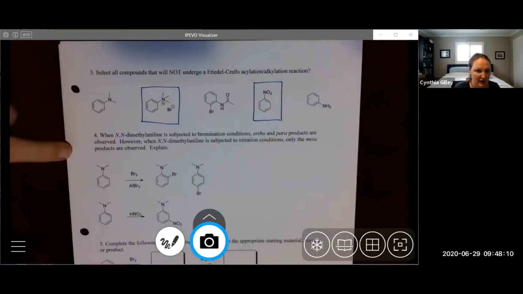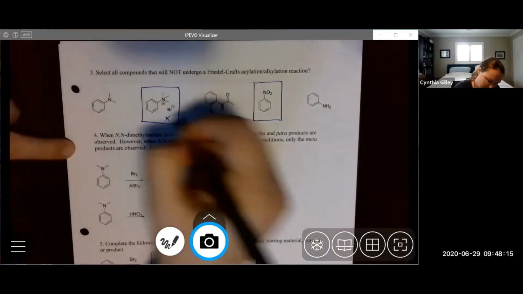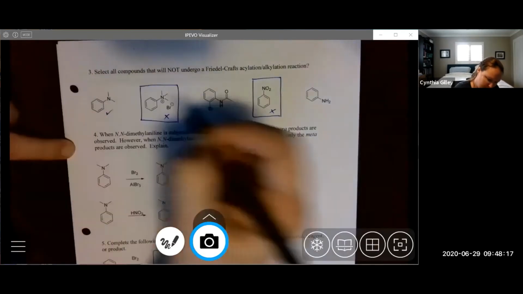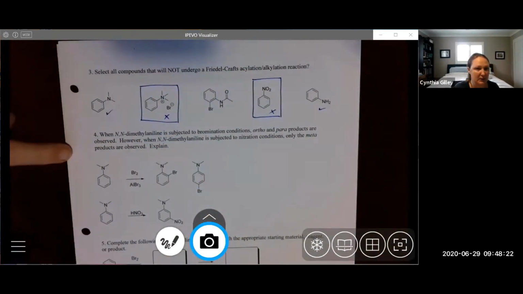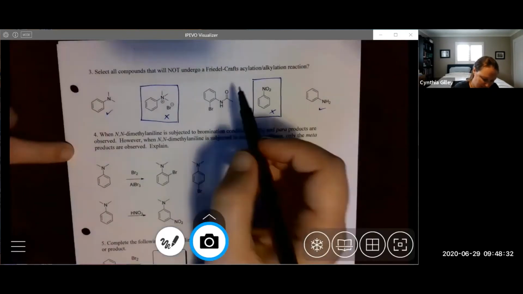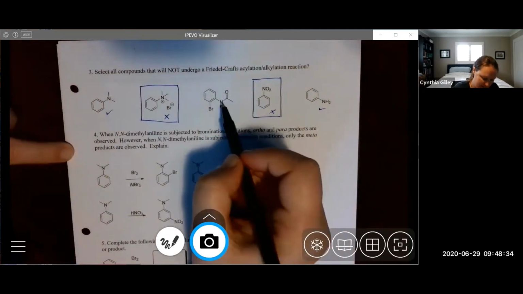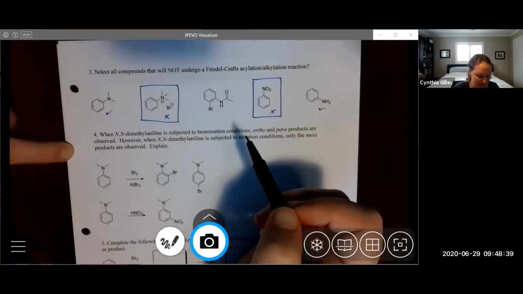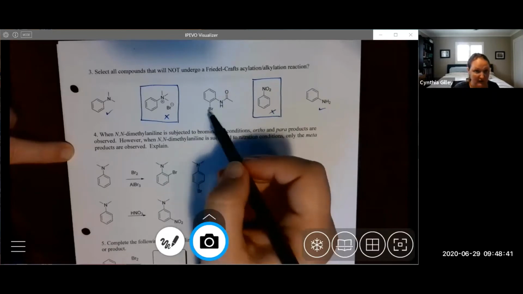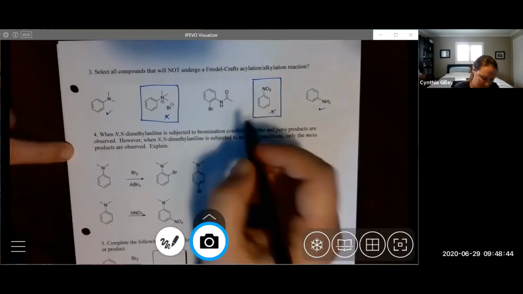So these cannot undergo Friedel-Crafts reactions. When you have a nitrogen that doesn't have a positive charge, and it isn't a nitro group, then it's a strong activator and it will definitely be able to. And in this case, we have both a moderate activator and a weak deactivator. So either way, it's not moderately or strongly deactivated. Overall, it's fine.